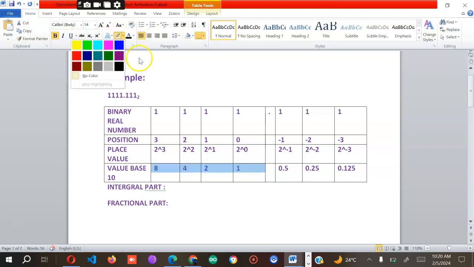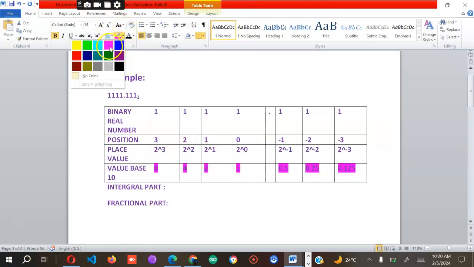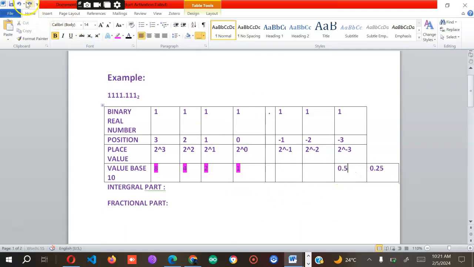So that is our integral part, and on the other side, this is now the other part, the fractional part. Having done that, the next step is to multiply.